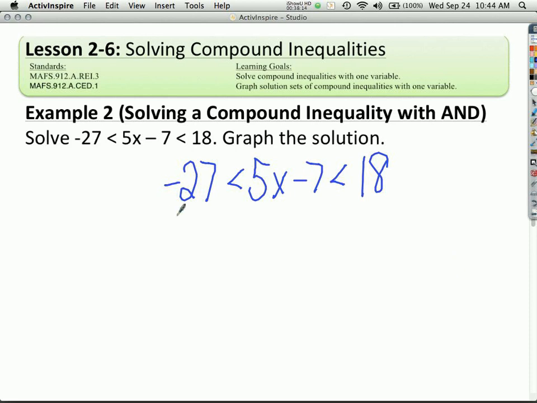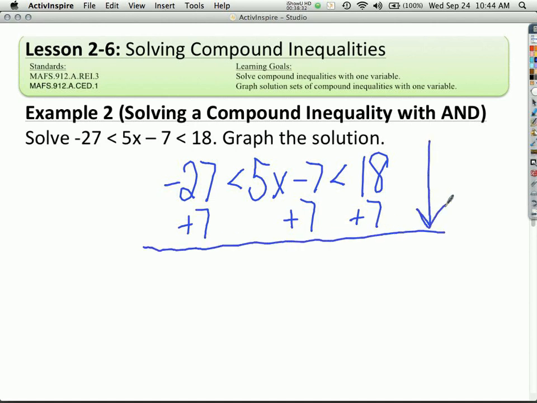There are now 3. So now instead of saying add 7 to both sides, you say add 7 to all sides. Add 7, add 7, add 7. Yes, you have to write it 3 times. Absolutely. Draw your elementary school line, and we still work down just like we've been taught since the beginning.